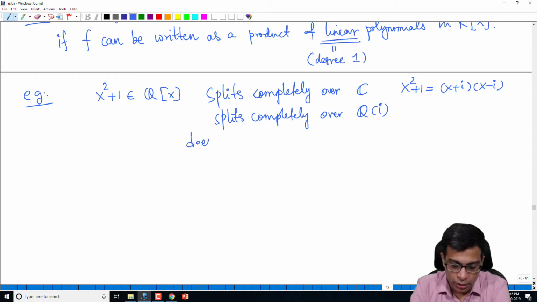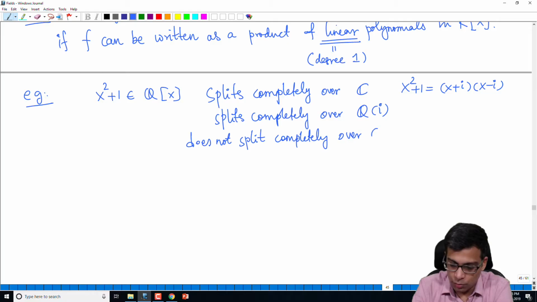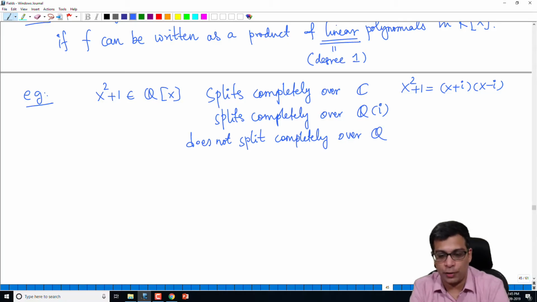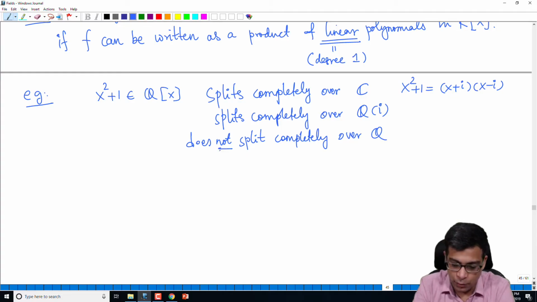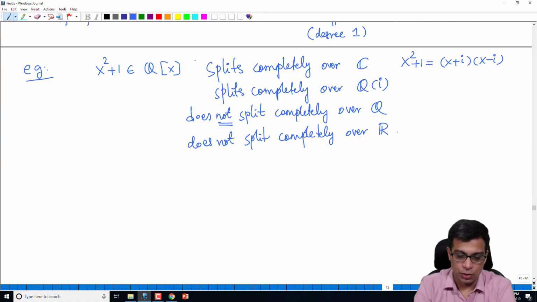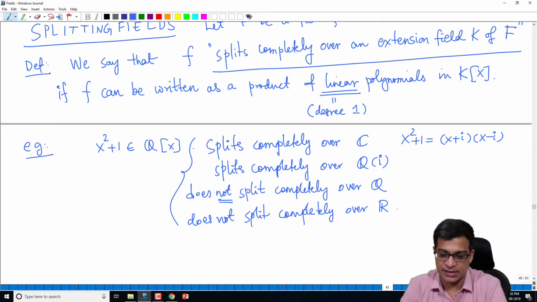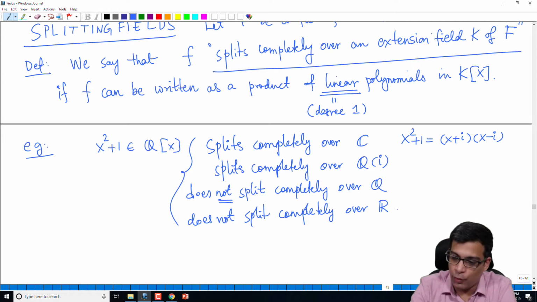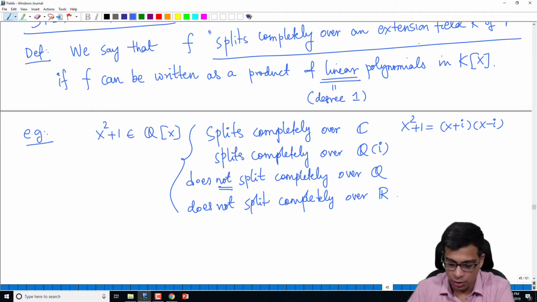On the other hand, it does not split completely over Q, because it's not a product of linear polynomials over Q; it is irreducible and you can't factor it into linear polynomials. It does not even split completely over R, right? So the base field is extremely important. It is over the base field that splitting completely or not makes sense.